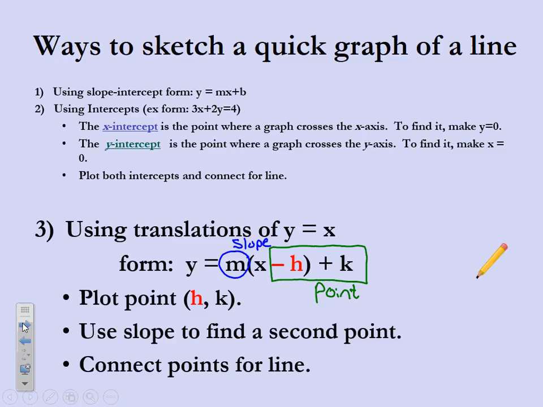So we're going to plot the point first, h and k, and the h, why it's in red, it's always the opposite. So if this was a negative 3, we would write 3 down. After we do that, we're going to use our slope to find the second point, and then we can connect the points and make a line. So this is our new form. So make sure you get this part, the bottom part, number 3, in your notes.